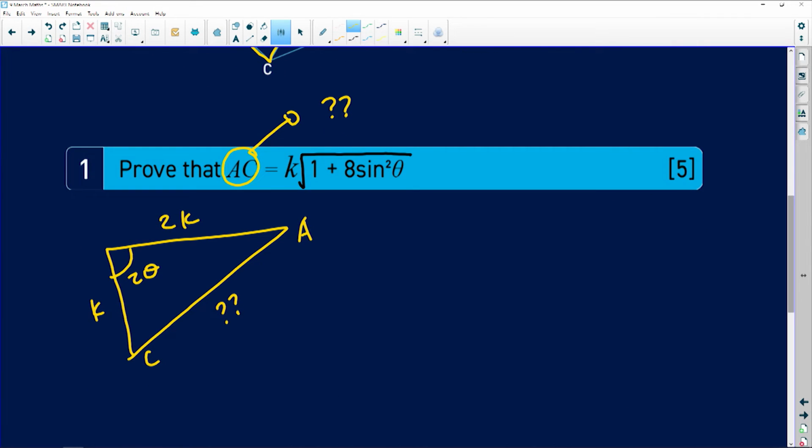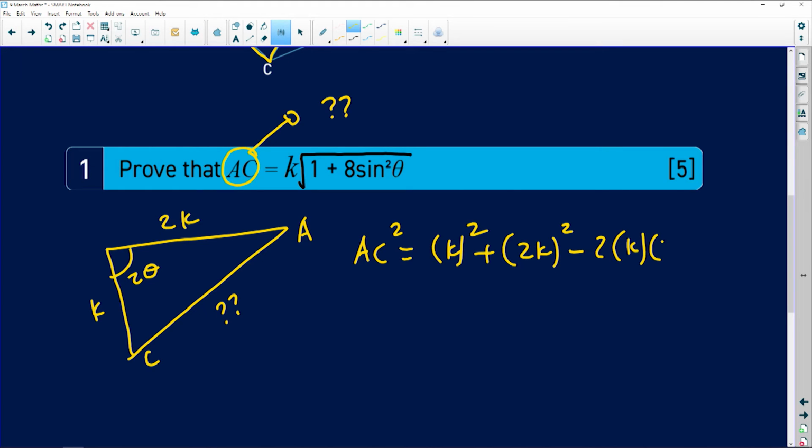AC squared is one side squared, which is K squared, plus the other side squared, which is 2K squared, minus 2 times K times 2K multiplied by the cosine of the included angle, which is 2 theta. If you simplify this, you'll have K squared, and this one is going to be 4K squared.